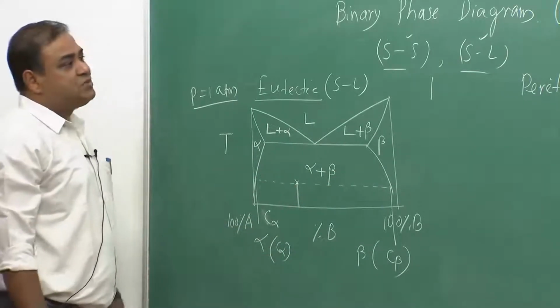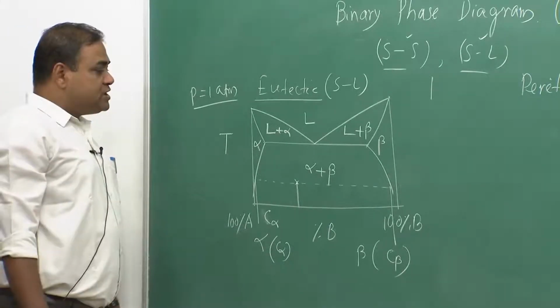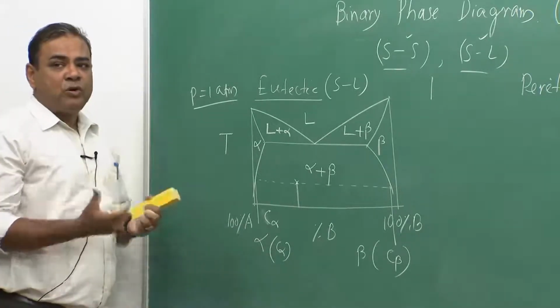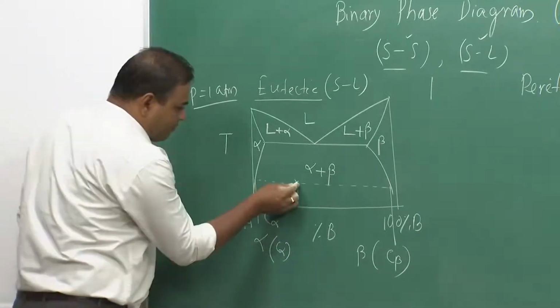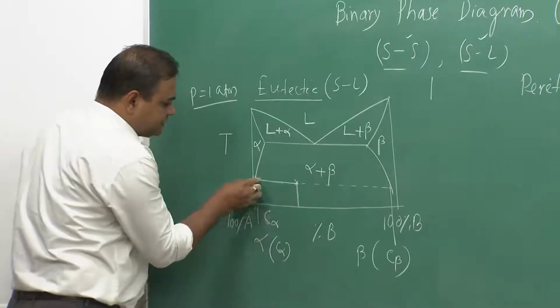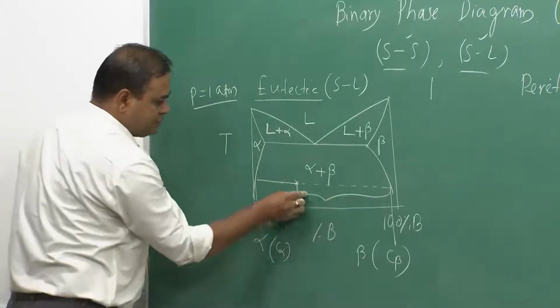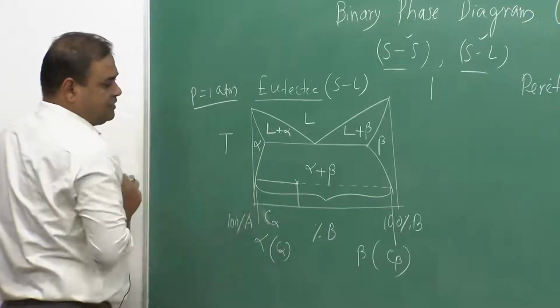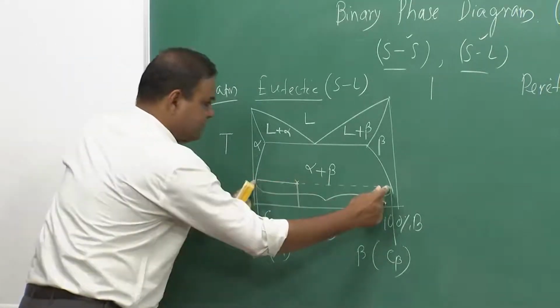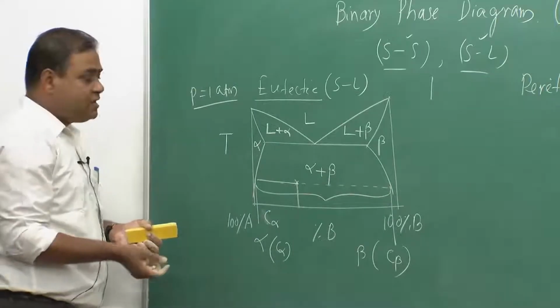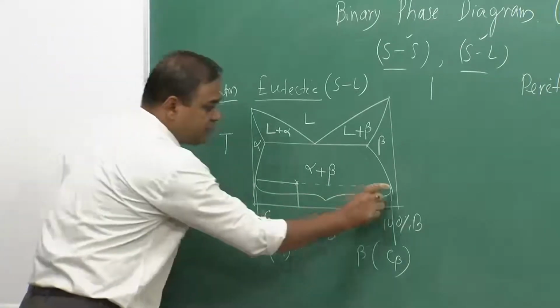And again we can use the tie line rule in order to find out what would be the amount of beta and what would be the amount of alpha. And here the amount of beta would be this divided by this, and the composition of beta would be this.